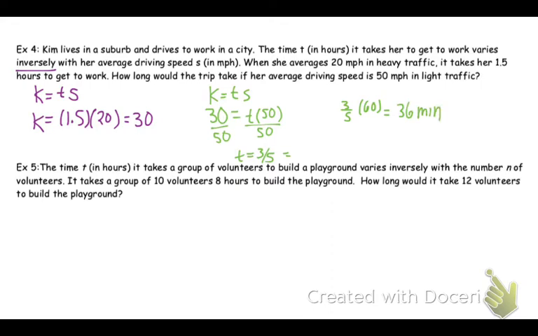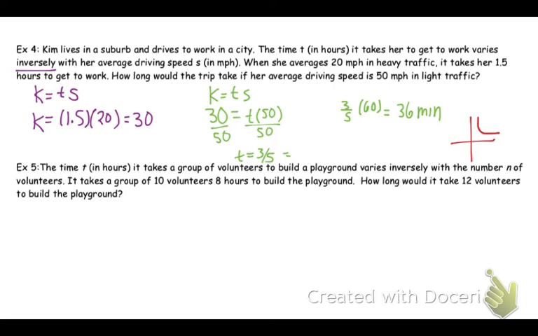All right, again, with inverse variation, what's nice is if you think about it as a graph, inverse variation looks something like this. As my x is getting bigger, my y is getting smaller. So look at this case. If her speed was 20 miles per hour, it would take her 1.5 hours to get to work.